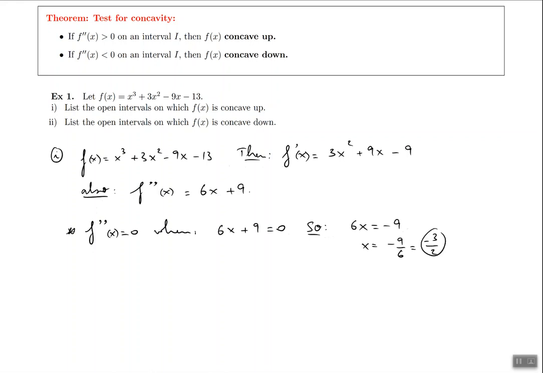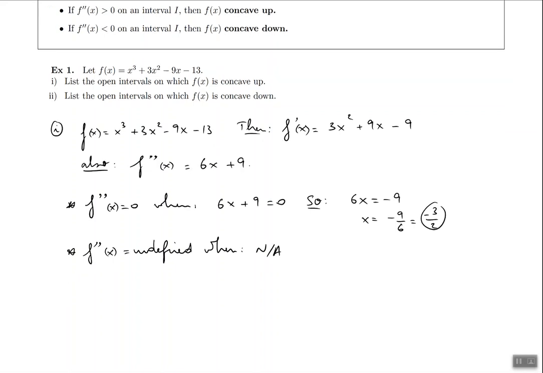And the other question we ask is the same as before. What makes the second derivative undefined? In this particular problem, the second derivative cannot be undefined because it does not have a denominator, so there are no forbidden numbers. So we only get one critical value, and it's negative 3/2.